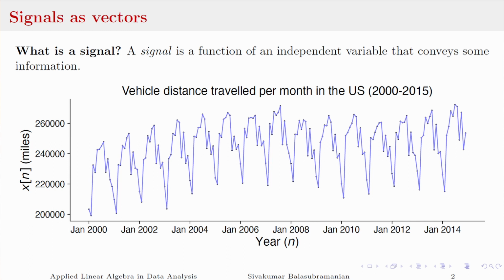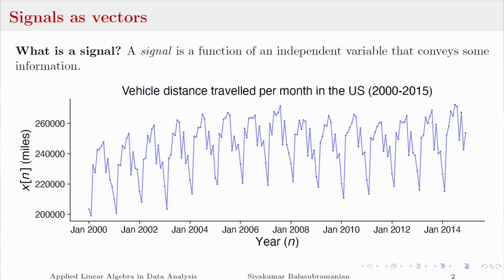The first thing you notice is that the y-axis value, the value of the signal, is quite large compared to the min and max of the signal. See, this variation is about what? 20,000? No, 60,000. But the average value is about 2.4 lakhs or something like that. So the average value is quite large.